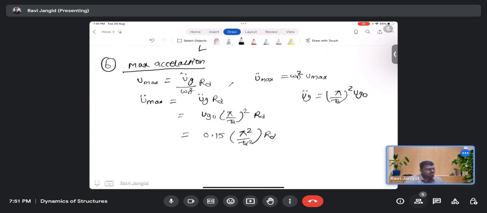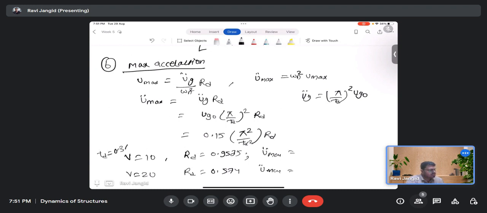For both the cases 10 and 20, Rd is 0.9575 and 0.574. If you put the values, Td was 0.36 and 0.18, you will get the acceleration as around 11 meter per second square and then 26 meter per second square.